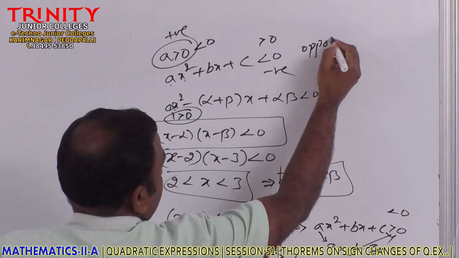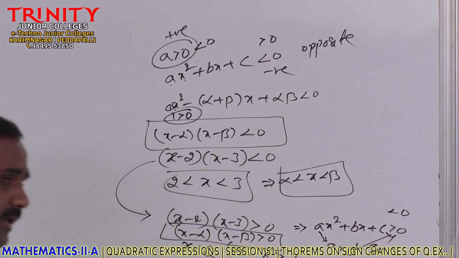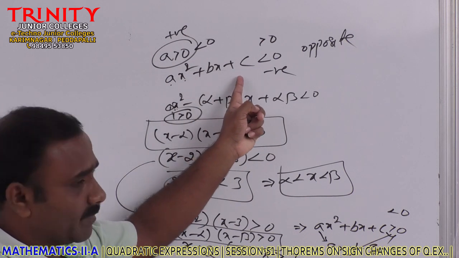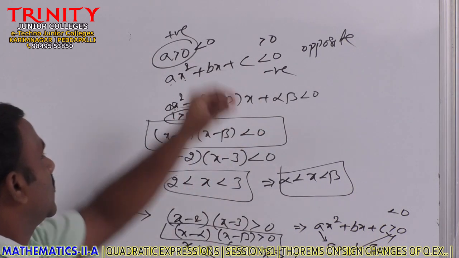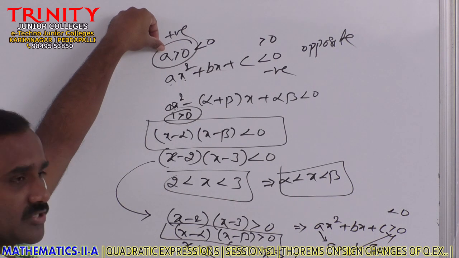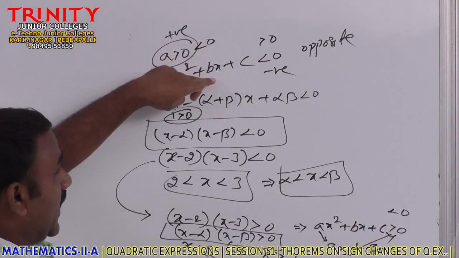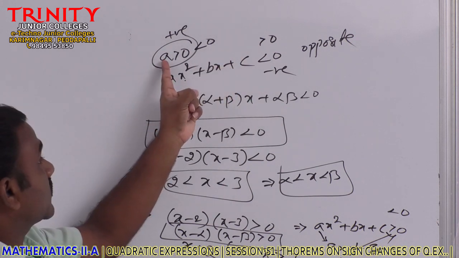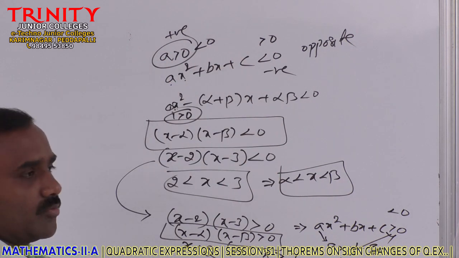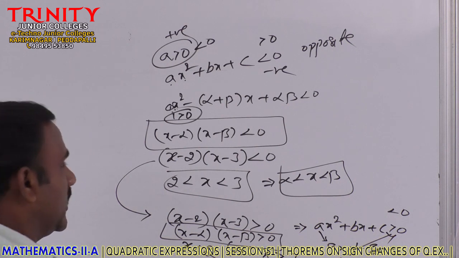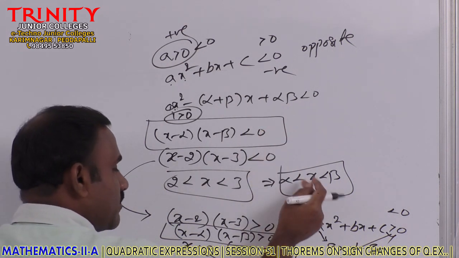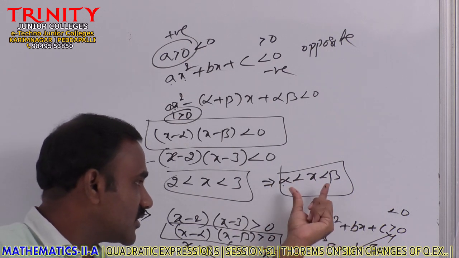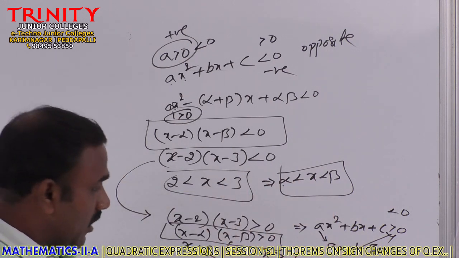Opposite sign: the expression and the x square coefficient. If ax square plus bx plus c is negative and the x square coefficient a is positive, or the expression is positive, greater than 0, and the coefficient of x square a is negative, less than 0, both have opposite signs, then x always lies in between alpha comma beta. x takes values in between the roots alpha comma beta.